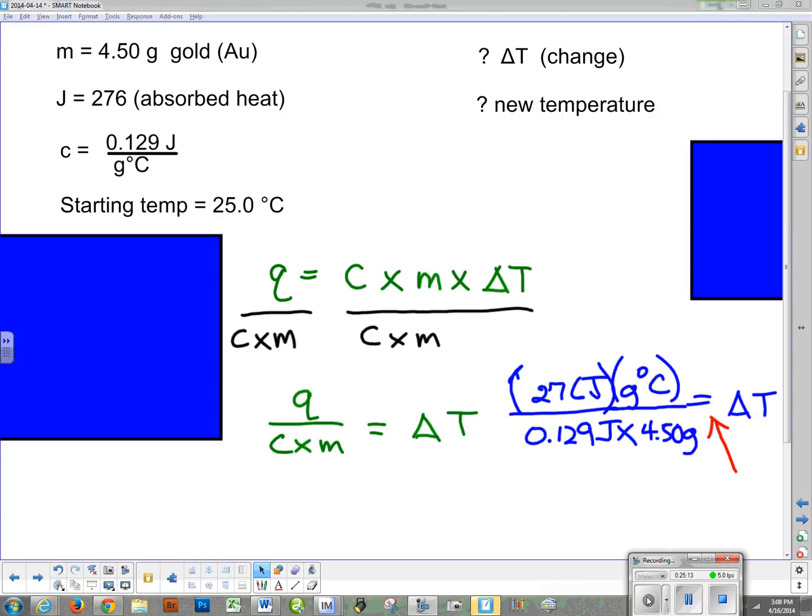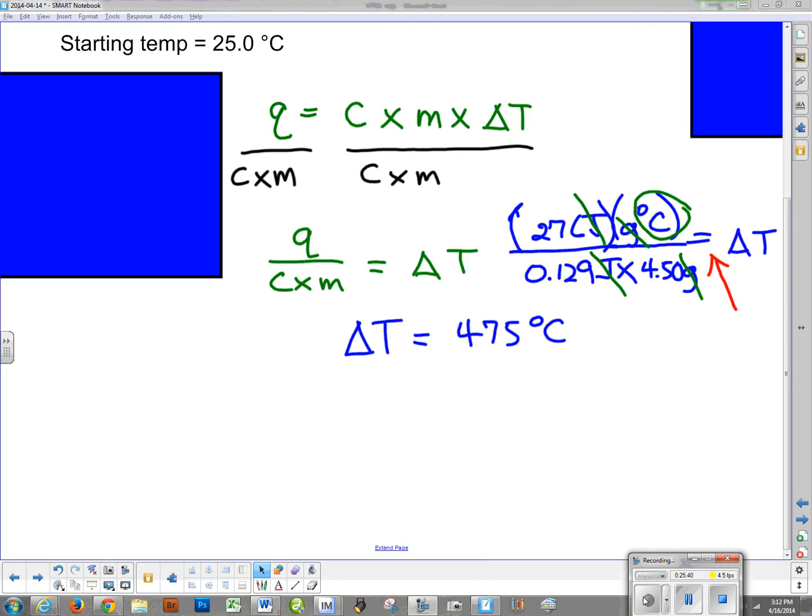Okay, so what I've done is I've rewritten the fraction to show the stuff in the correct places. And notice we get to cancel the grams. We get to cancel the joules. And what's the only unit of measure left? Degree Celsius. And that's the temperature change.